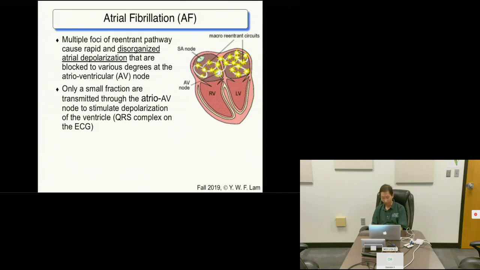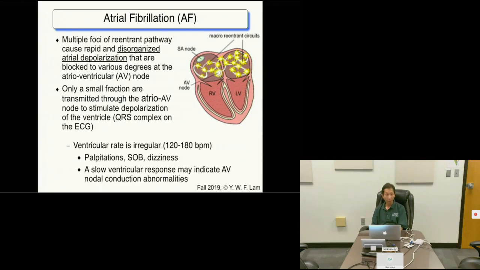And that stimulates depolarization of the ventricle, which is indicated as the QRS complex on the surface EKG. Even though we only allow a certain portion of the atrial depolarization to go through, you're still looking at a ventricular rate somewhere between 120 to 180 beats per minute.